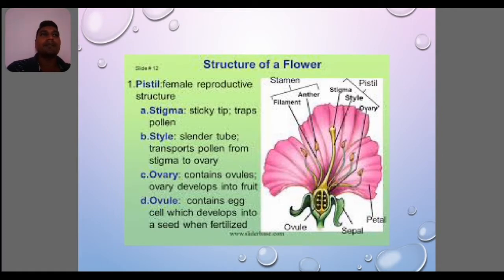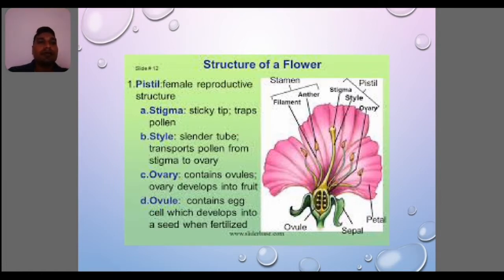Besides them, there are also accessory whorls, the sepals and petals. The female reproductive part consists of the stigma, style, ovary, and also the ovules.